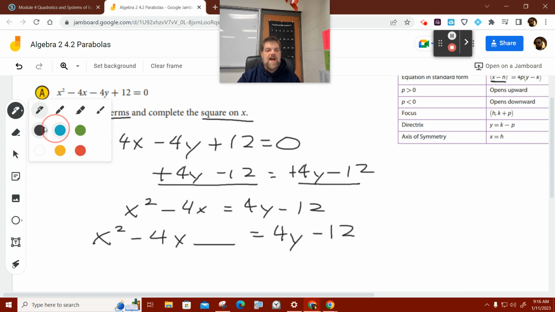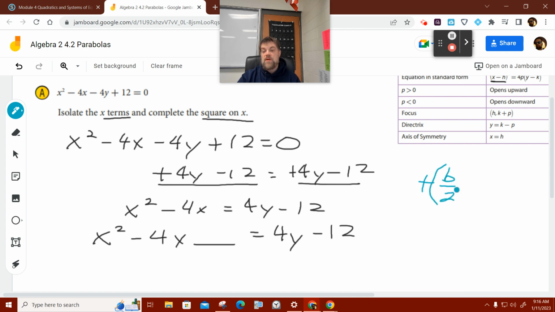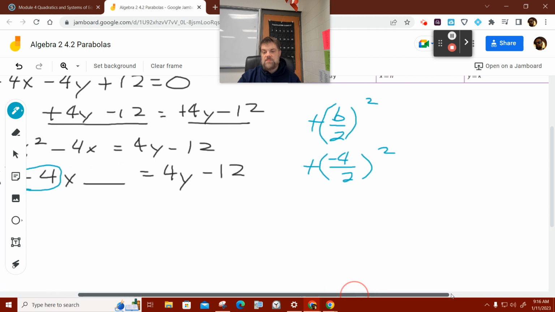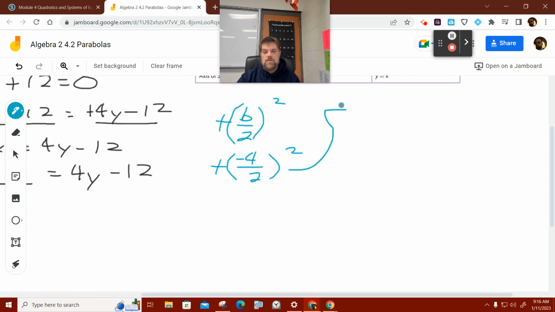But what I'm going to add is b over 2, whatever that is, squared. So my b term is -4. So then I'm going to add -4 over 2 squared. Now when I do that, -2 is what that fraction reduces down to, squared.